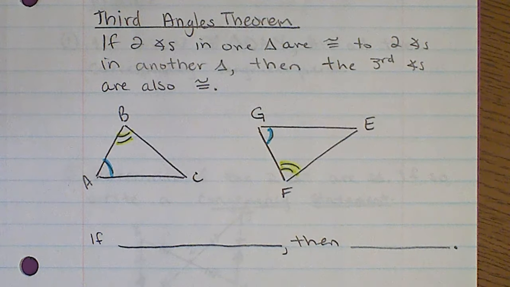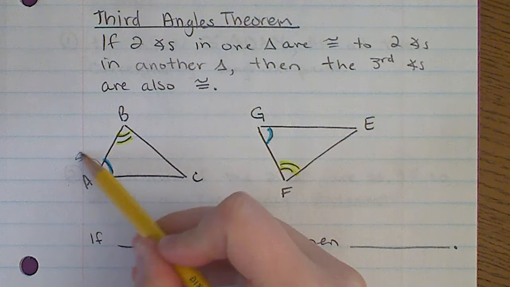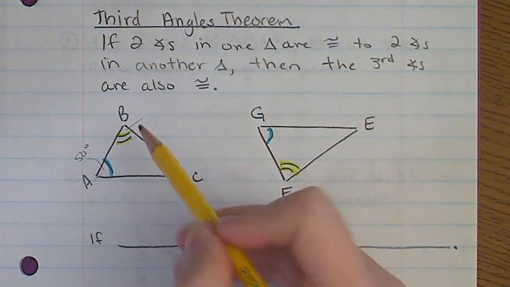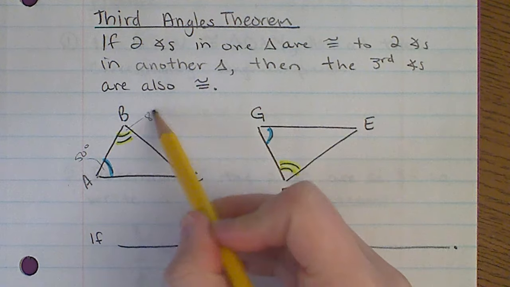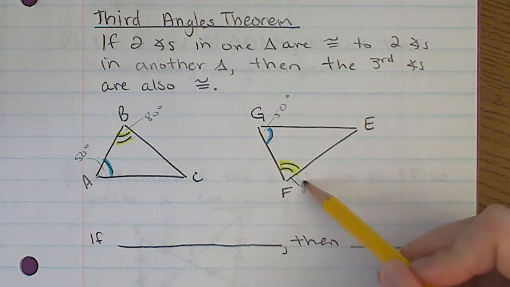So if you think back to our triangle sum theorem, we know that all 3 angles in a triangle must add up to be 180 degrees, right? So, for example, let's just say that this angle was 50 degrees and that this angle was 80 degrees. That means this is 50. That means this is 80.